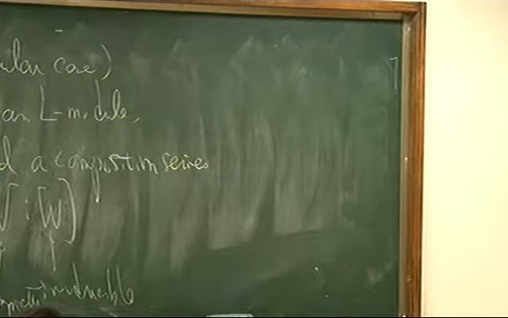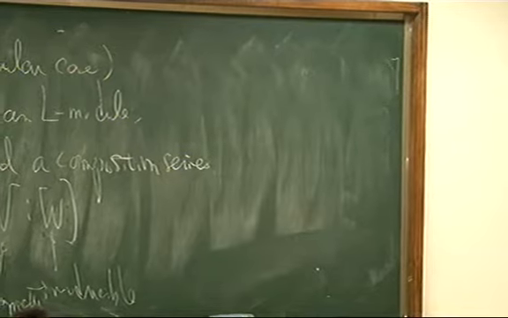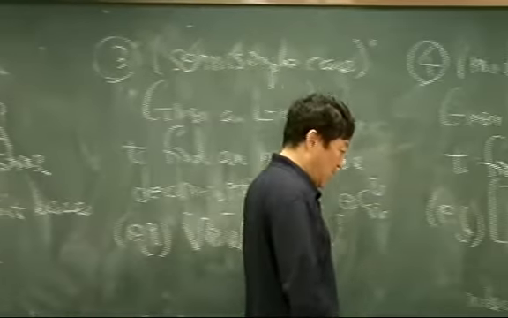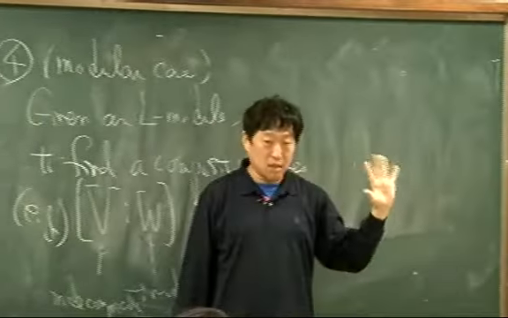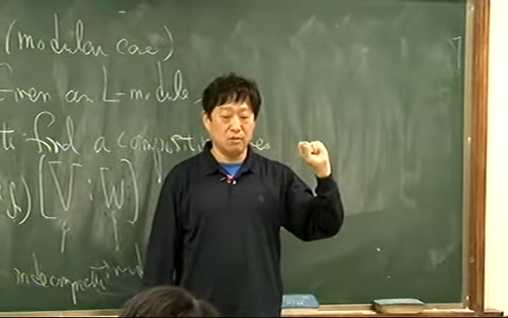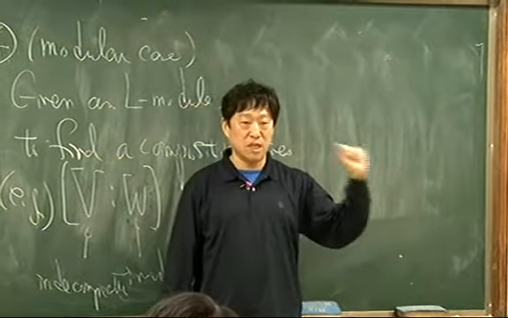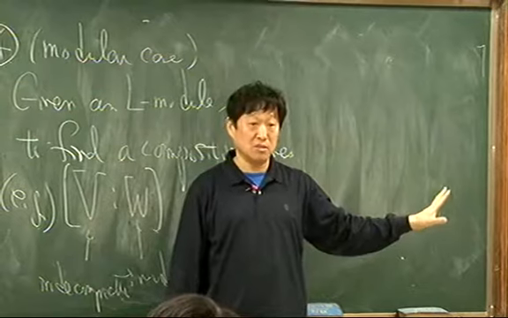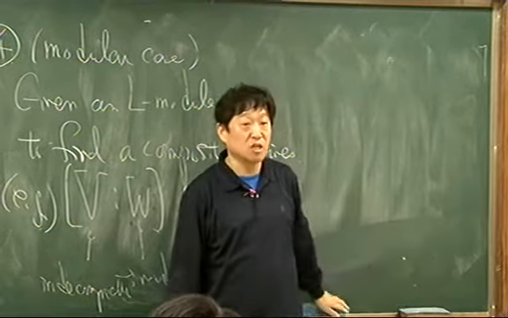Right, but we will focus on the general linear Lie algebra, and the point is that it has a direct sum decomposition of lower triangular matrices, diagonal matrices, and upper triangular matrices, which is called the triangular decomposition.